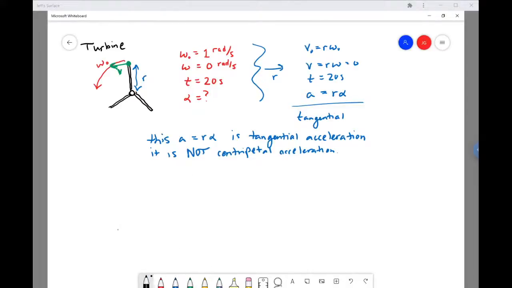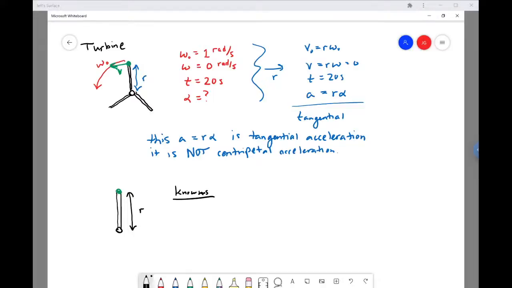So we have this one blade, and I'm going to draw it straight up and down because that simplifies our axes. Okay, and then there's this point on the end of the blade, and the things that we know are we know the radius of the blade, or the turbine, R. Let me write these down.